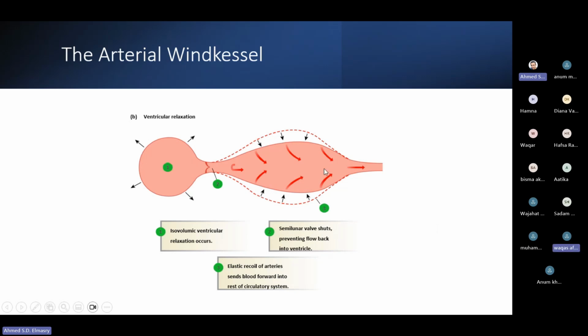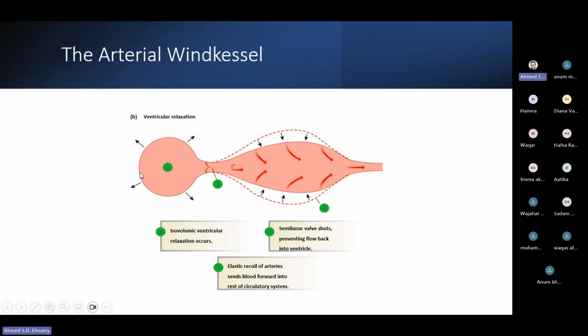That's why during the diastole you will find continuous blood flow to the distal organs. So the arterial Windkessel effect is able to make the aorta and the vasculature act like a second pump during the diastole.